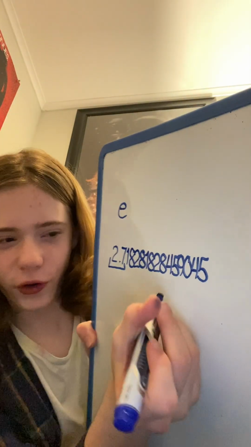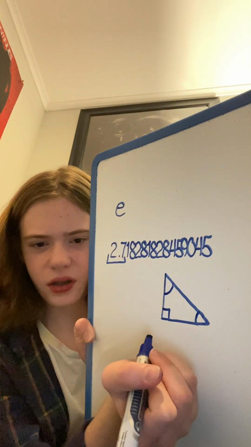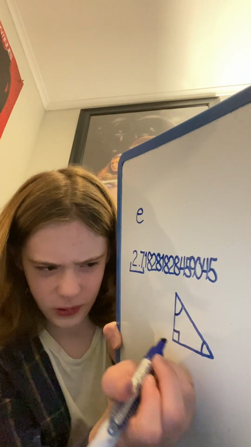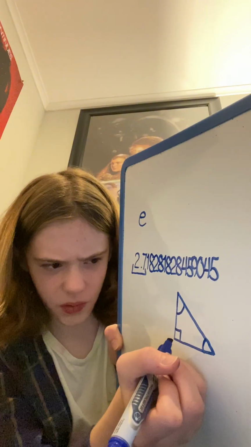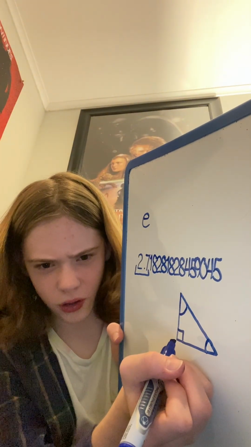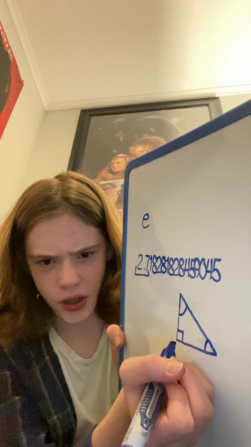And by the way, these numbers, 45, 90, and 45, can actually form a right triangle. Because we have 90 degrees here, 45 here, and 45 here. And as you learn in school, the angles of a triangle all add up to 180 degrees.